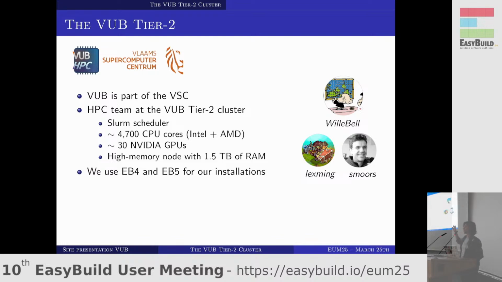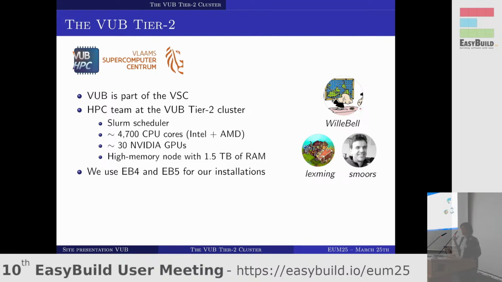The main lines of our cluster: we use a Slurm scheduler. We have around 4,700 CPU cores. We have Intel and AMD CPUs. We also have NVIDIA GPUs and a high memory Broadwell node. So as you can see, it's quite a heterogeneous setup.